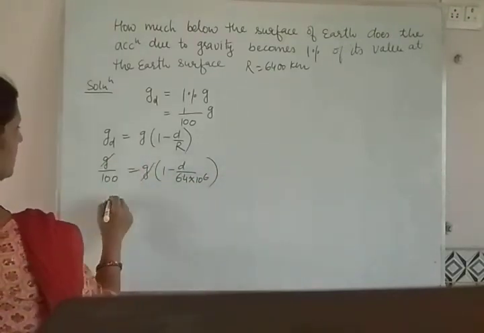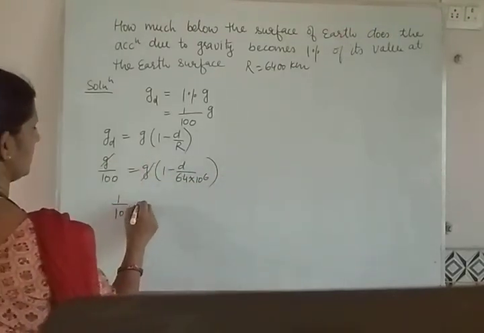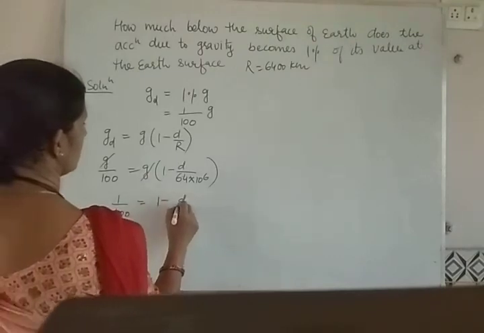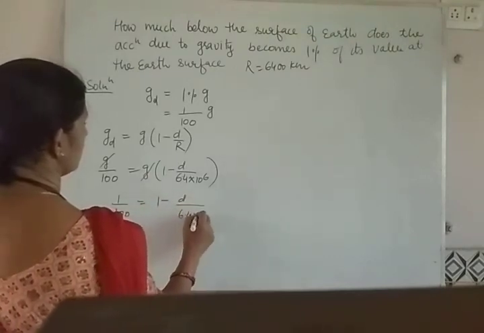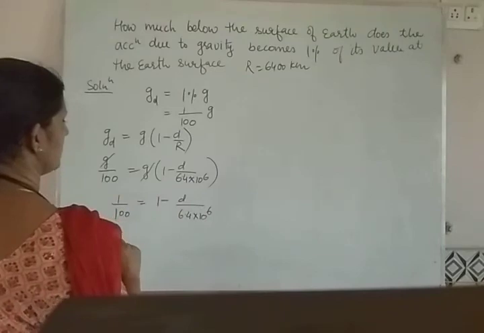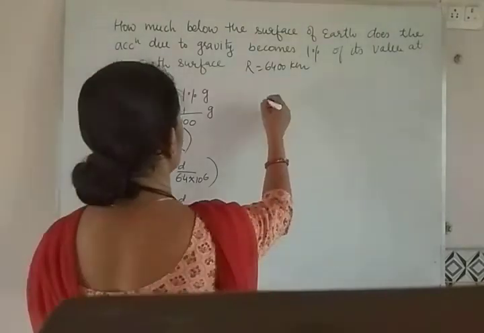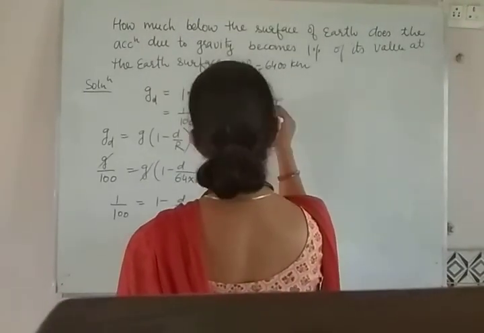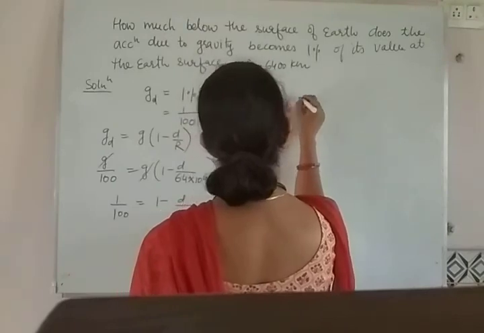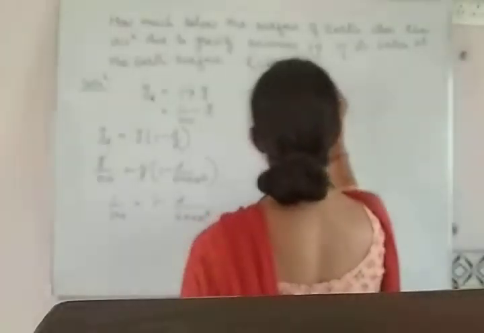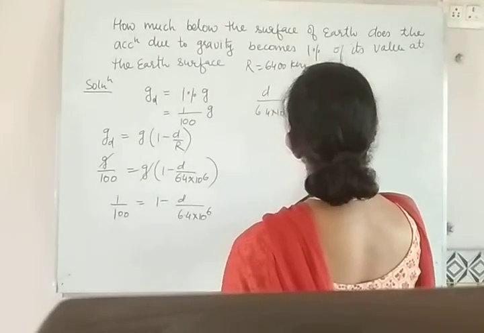G will cancel out. This is 1 by 100 is equal to 1 minus d by 6.4 into 10 raised to power 6. So you will have d by 6.4 into 10 raised to power 6 is equal to 1 minus 1 by 100.